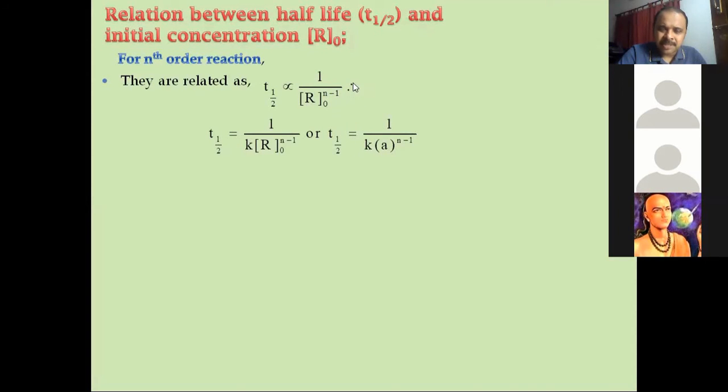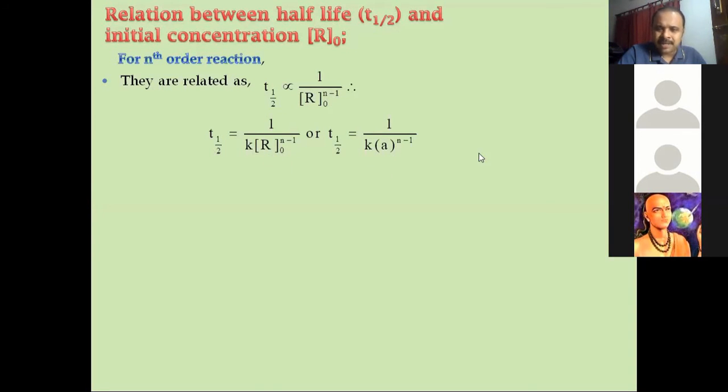Or if you want to remove this proportionality, then you have to introduce a constant there. So T half is equal to 1 by K into R naught to the power n minus 1.